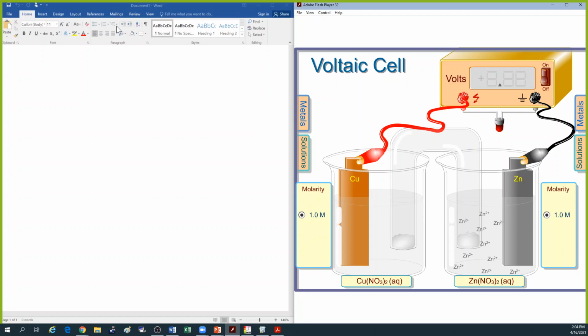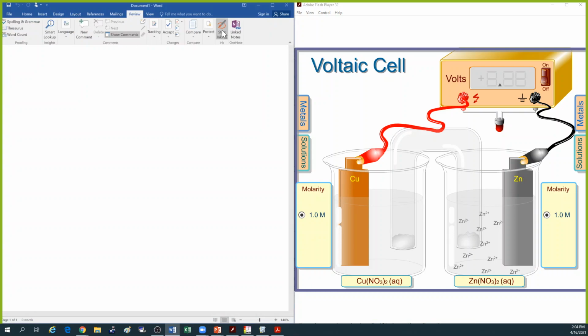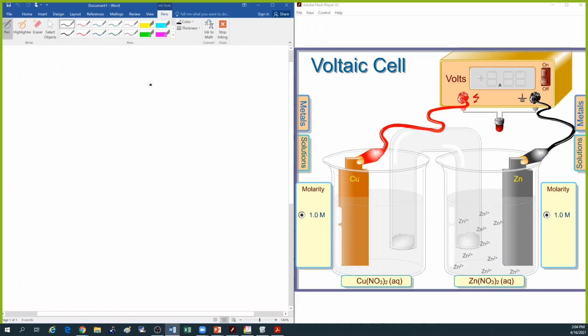So representing all this, we showed several things. Number one, we can show it in that line notation, where remember we always have the anode, which is where the oxidation reaction happens. And in these voltaic cells, we said this is going to be the negative terminal of our cell. And then the cathode, we said, is always where the reduction reaction occurs.